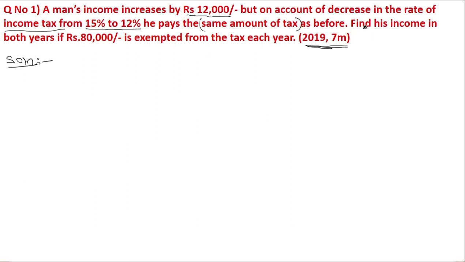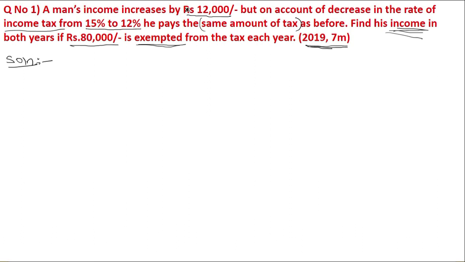Find the income in both years if 80,000 is exempted. So these important points you should remember.